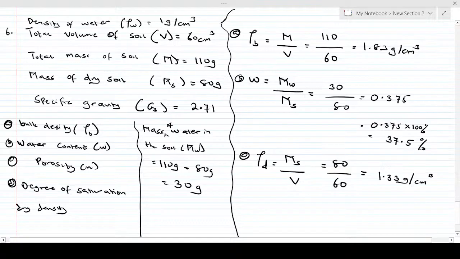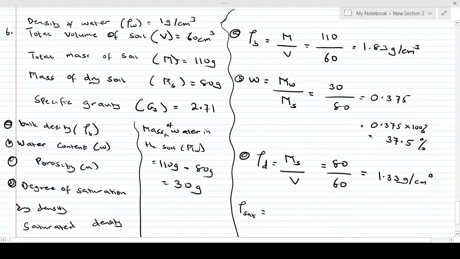Good. The next one we are supposed to find is the saturated density. I think I left that one out as well. The saturated density is rho sat.